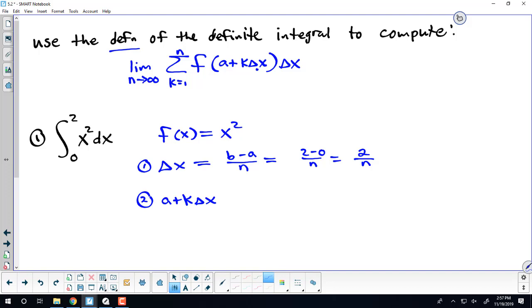So our a is what? 0 plus k times delta x, which was 2 over n, which, right, it's just 2k over n. Let me write that in a different color.